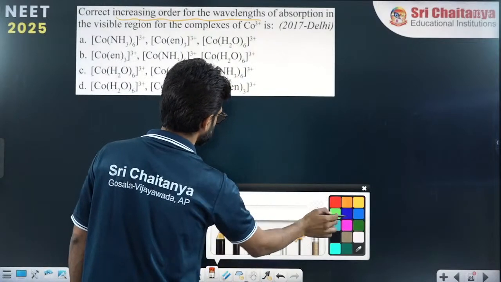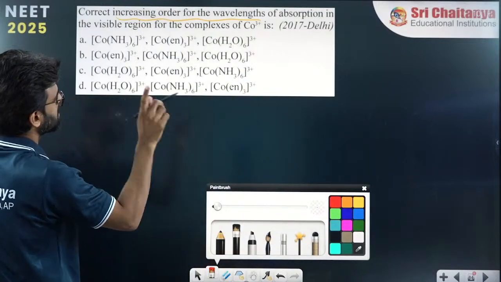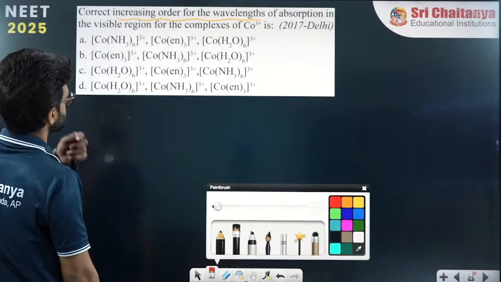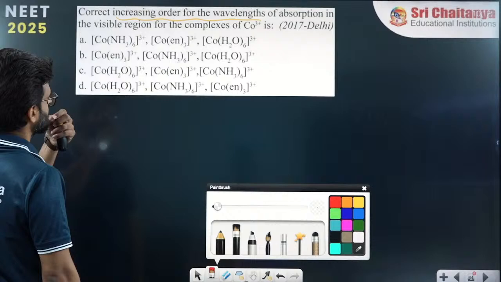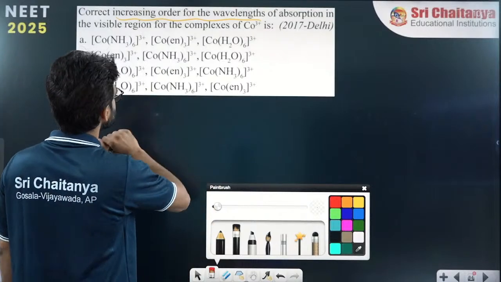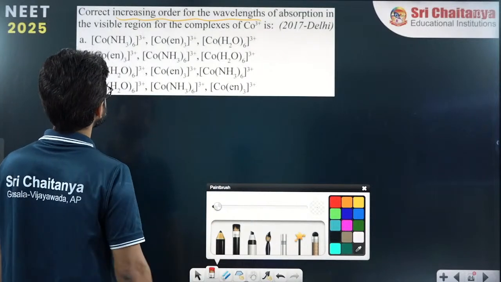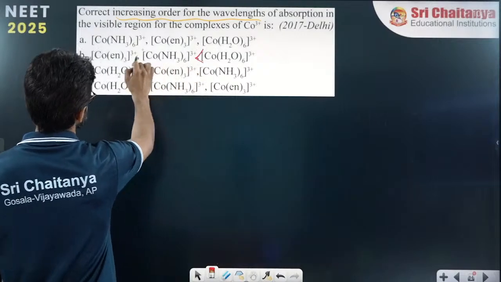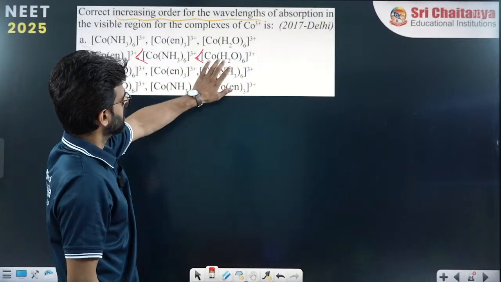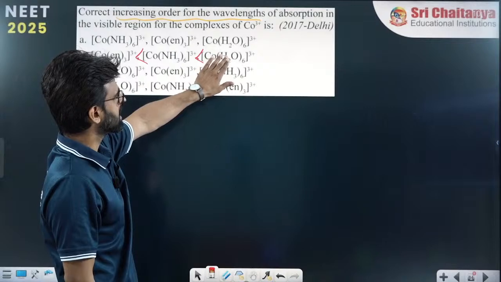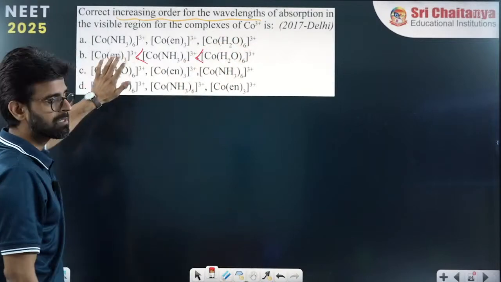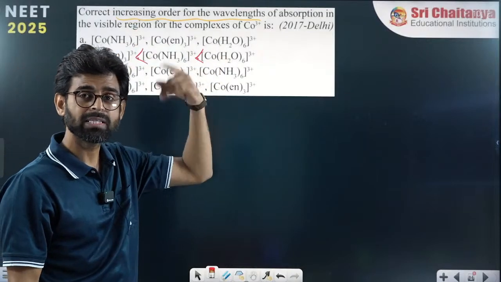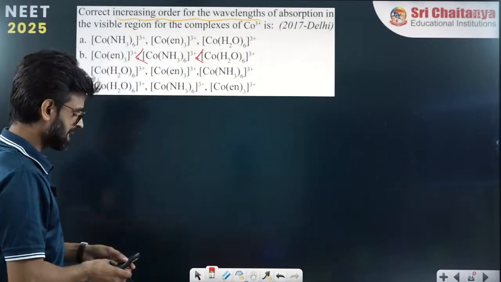So be careful, they are asking wavelength here, not frequency or energy, right? So wavelength will be more when the ligand is weak only, right? Weak ligand, splitting less, energy less, wavelength high. Strong ligand, splitting more, energy high, frequency high, wavelength less. In this way we can think, right?